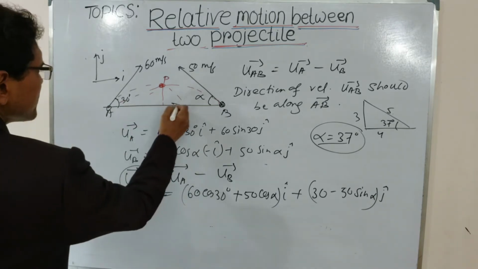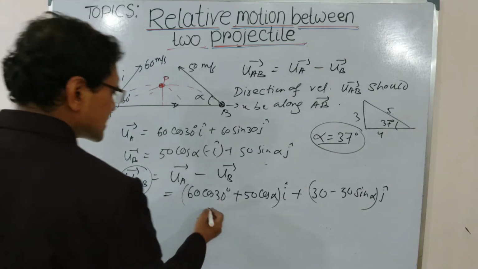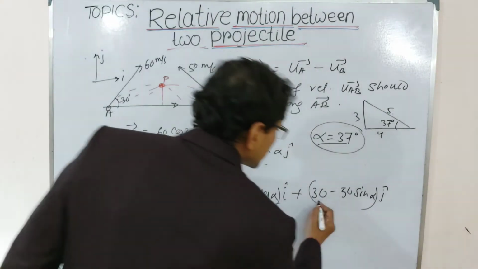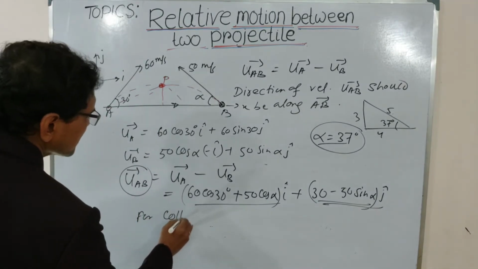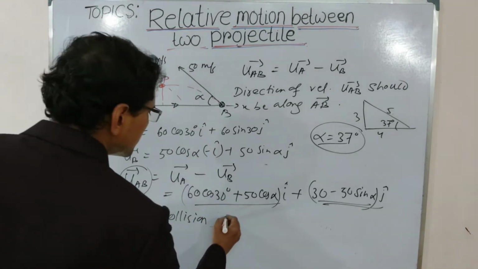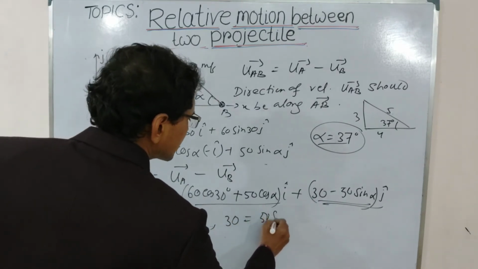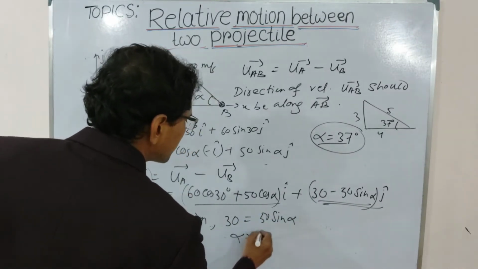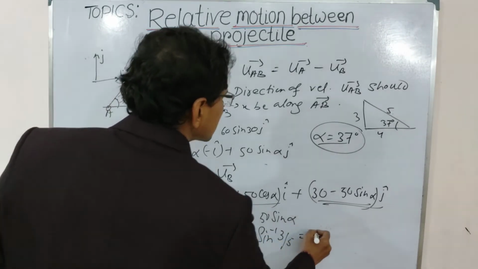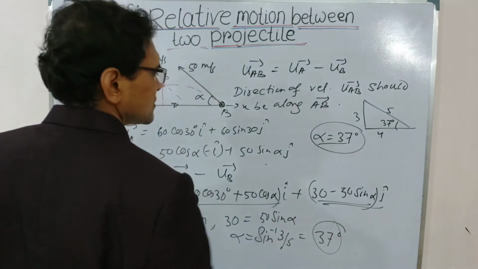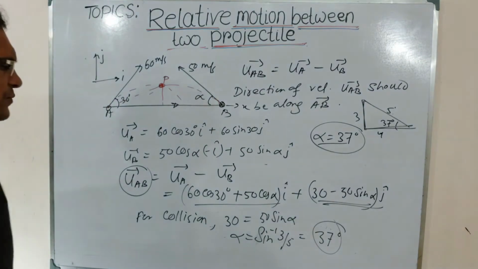That is, we take the direction of AB as the x axis, so the UAB direction would be along this direction, so this should be 0. So for collision, 30 equals 50 sin alpha, that is sin alpha equals 3/5, so alpha equals sin inverse 3/5. This angle is 37 degree, this is 3, 4, 5, so alpha equals 37 degree.